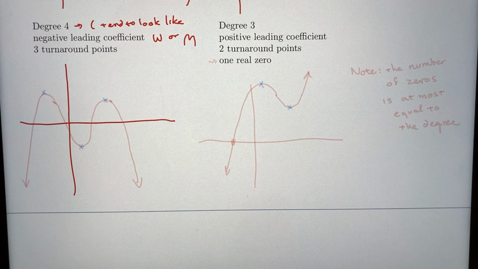And this one's upside down, let's see. Negative leading coefficient, we're coming from the bottom, and we turn around once, twice, 3 times. Doesn't have to be at the same height. Okay. So turnaround points, 1, 2, 3.